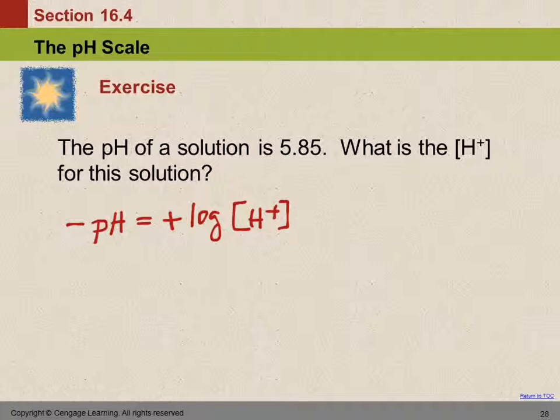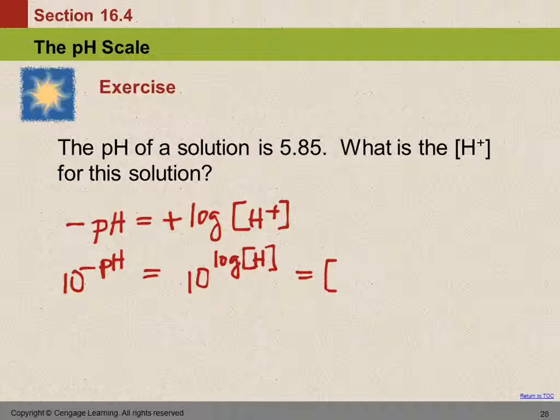You have to do the anti-function, which is 10 to the x. So I take 10 to the power of each side, and the 10 to the power and the log cancel each other out, and that equals the H plus.